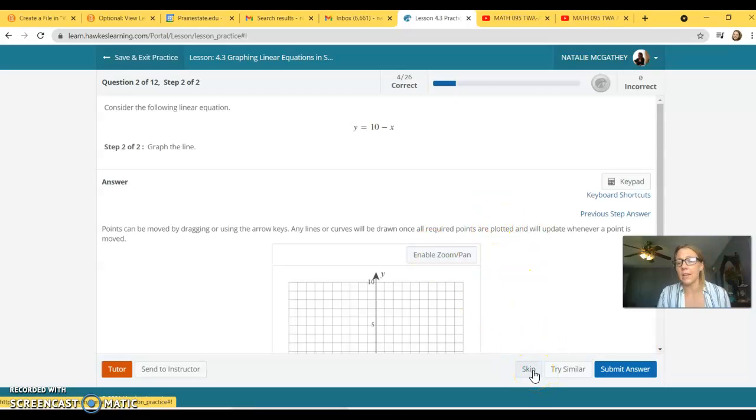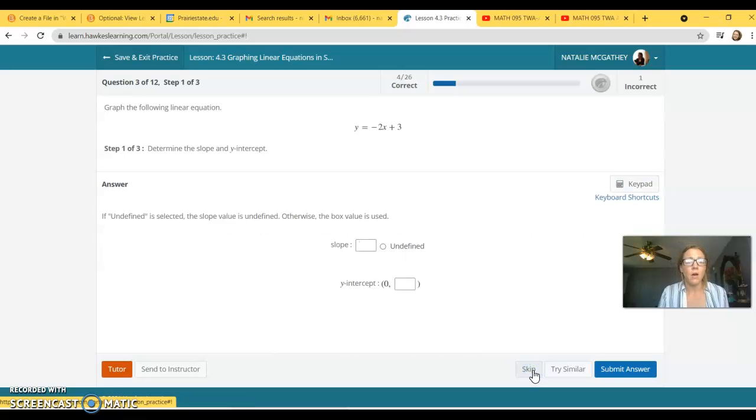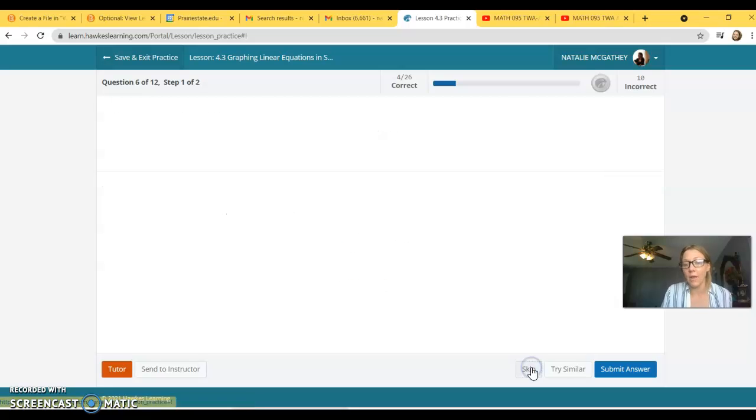So now I'm just going to kind of skip through these problems. A lot of these are slope and y-intercept. This is going to be a lot like that first problem we did, slope and y-intercept, and then graph the line. Find the slope and y-intercept, and then graph the line. Don't forget to put it in slope-intercept form first. It's the easiest way to do that. Solve for y.